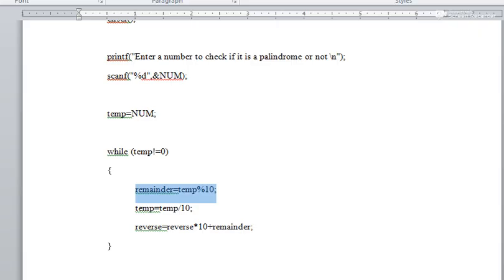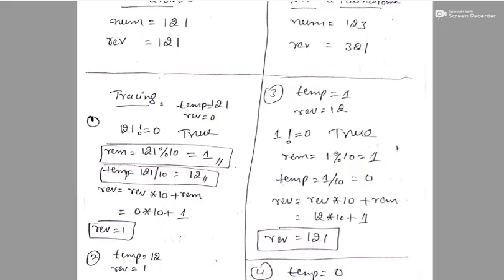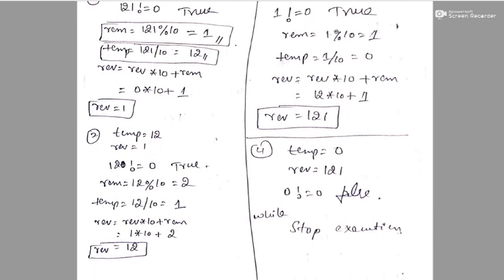This loop will keep executing until the condition fails. Next it will execute the next iteration, and again it will check the condition.